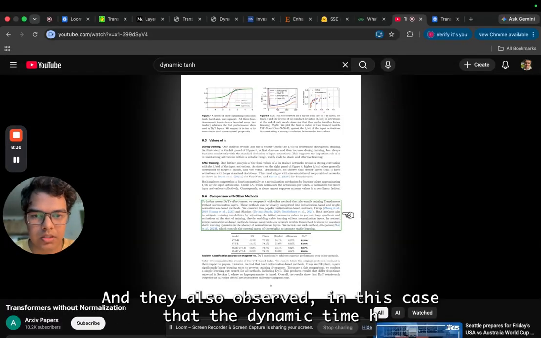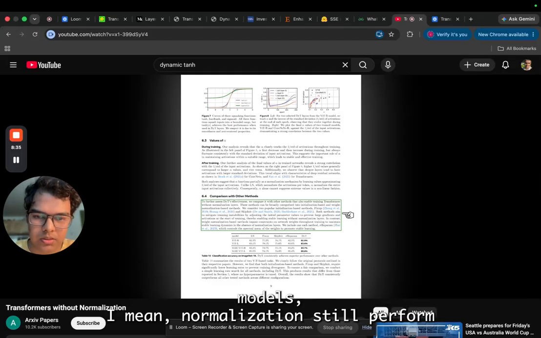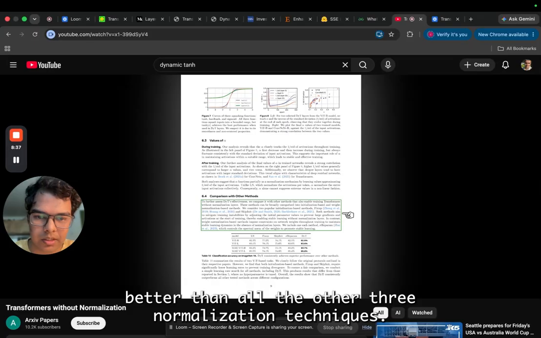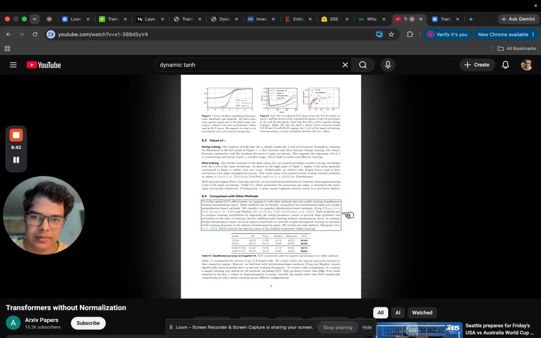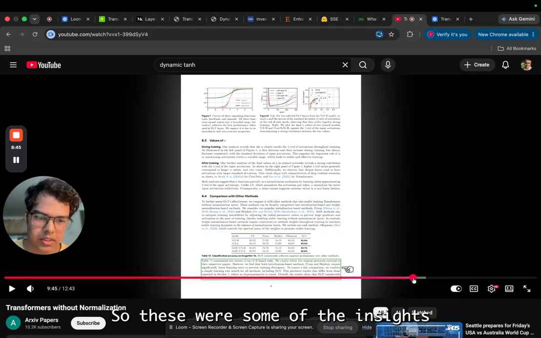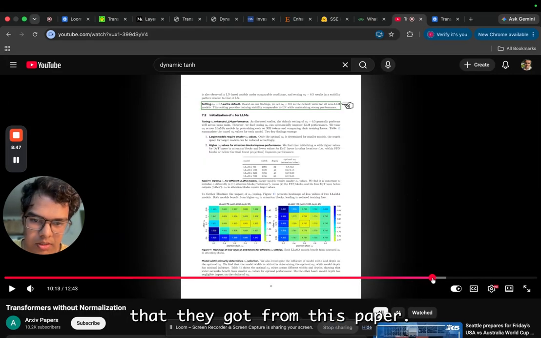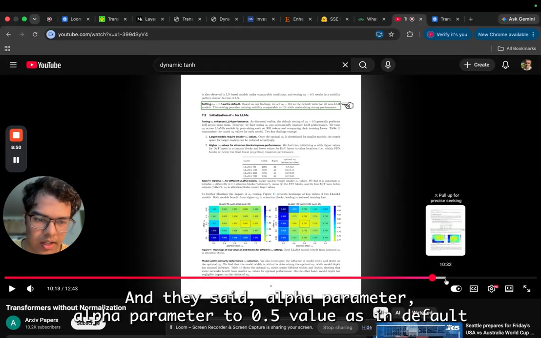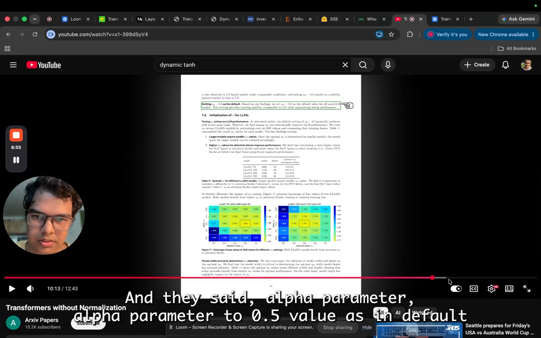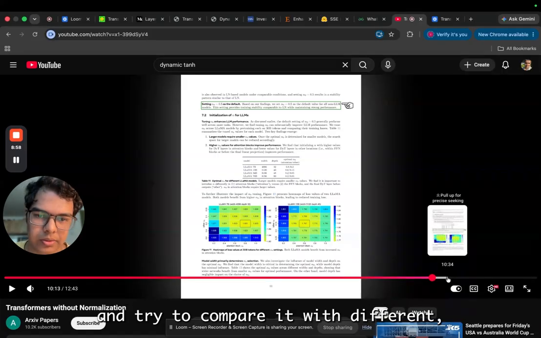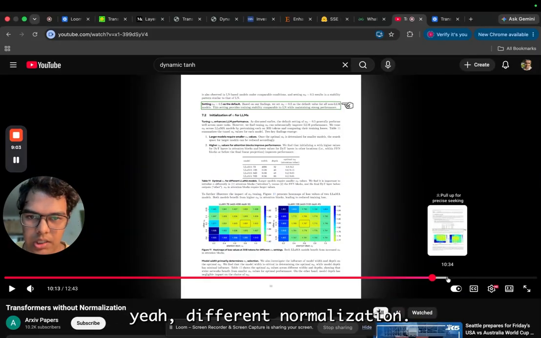They also observed in this place that dynamic tanh normalization still performs better than all three of the other techniques. So these were some of the insights that they got from this paper. They set the alpha parameter to 0.5 as default and compared it with the different normalization techniques.